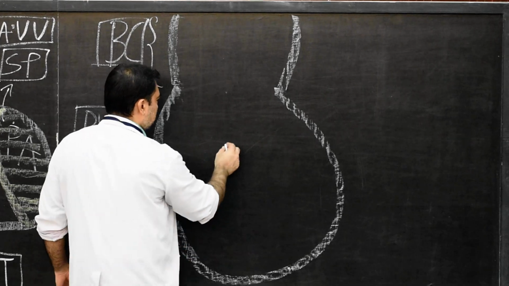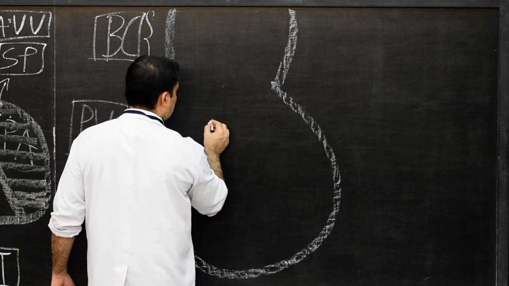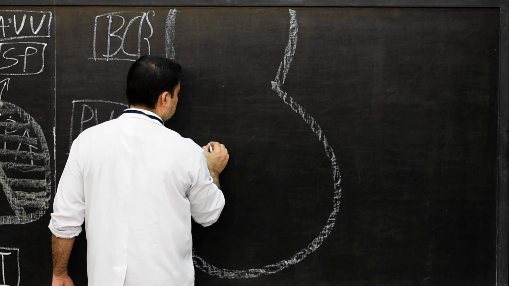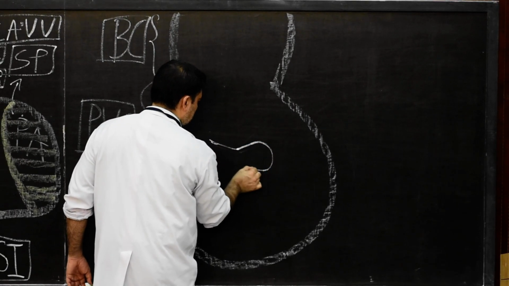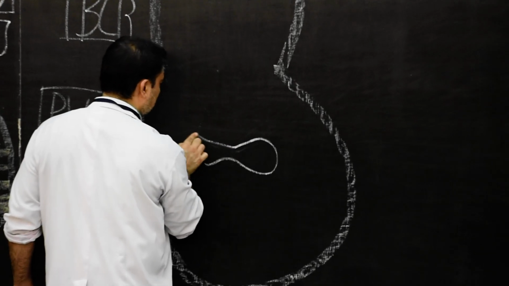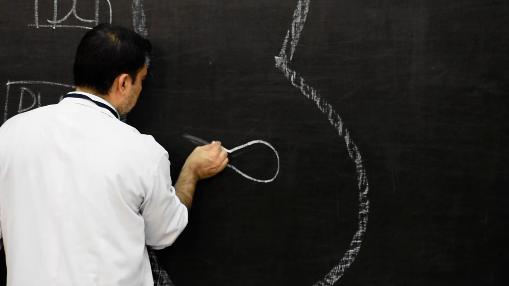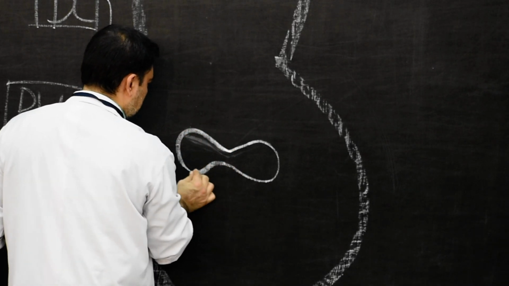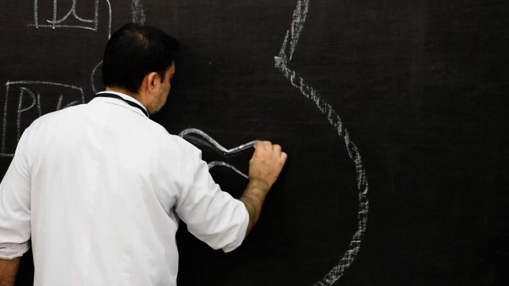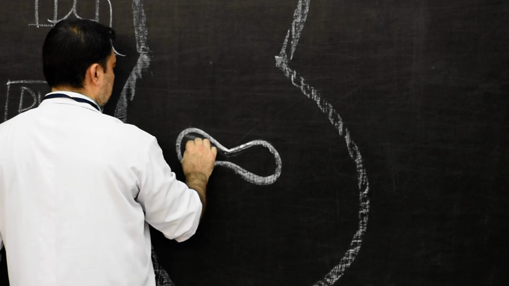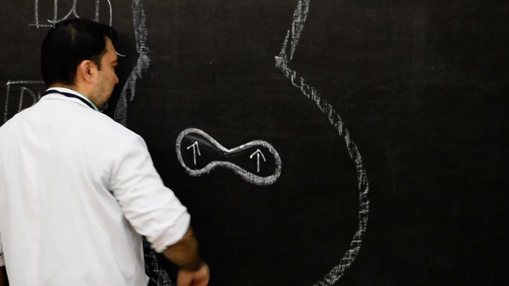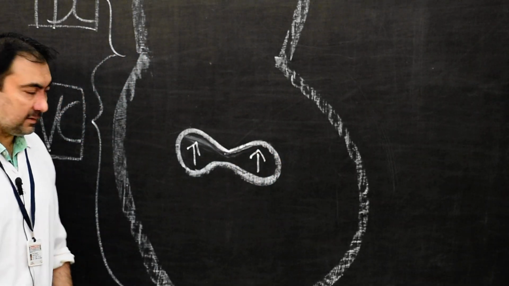And here we are going to draw very small openings, and these small openings will be the communication. These are the two atrioventricular canals through which the primitive ventricle will communicate with the primitive atria.